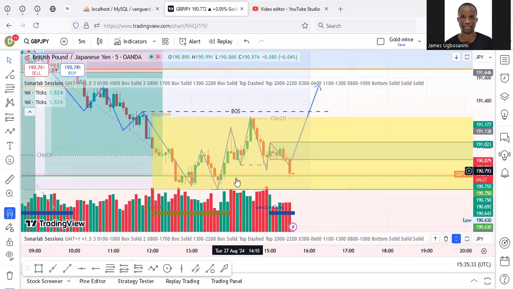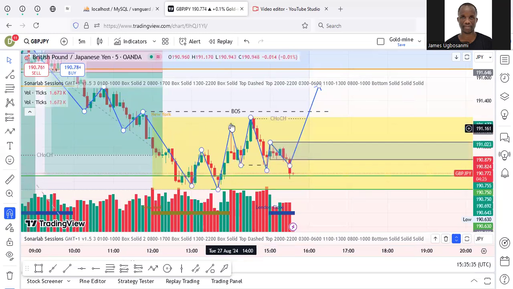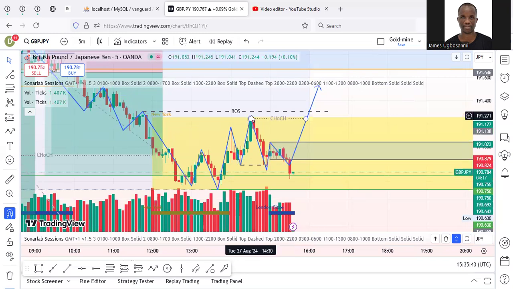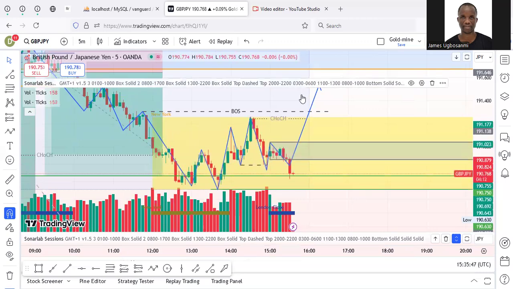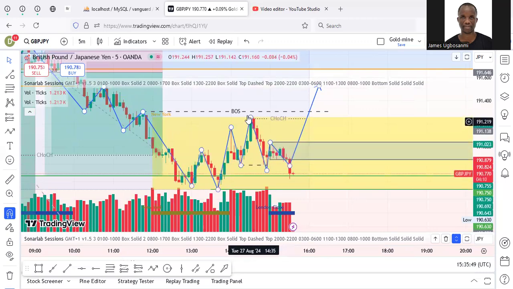now this is a structure that has been formed, higher high, lower high. Now the market went above, went to the top. And in order for the market to continue to the upside, the next lower high that needs to be formed should be lower or equal to the previous one.